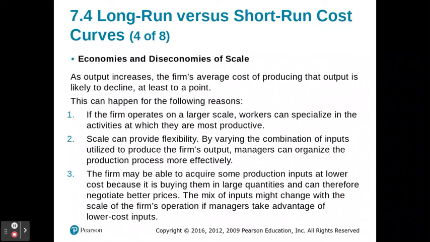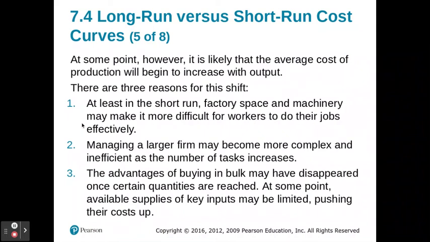If you double your output, but you less than double your costs, that's what we would call an economy of scale. Basically, you would become better at producing things as you become larger, largely for the reason identified here in number 1, that your workers become more specialized and you just produce more stuff.